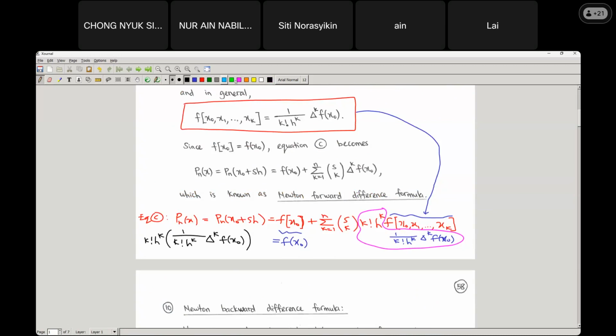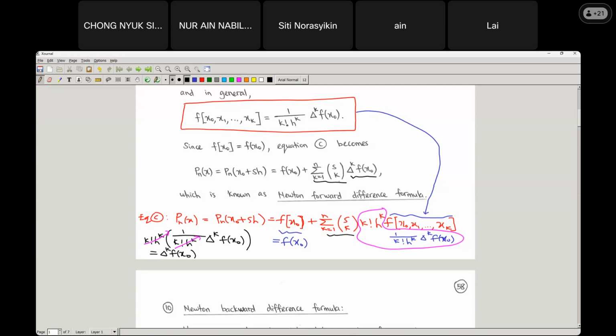Now we see that k factorial and h to the power of k cancel, so this is equal to triangle to the power of k f(x0). This is how we get this, and this one you copy. Okay, that's it. All right.